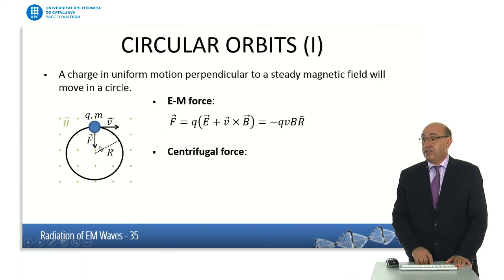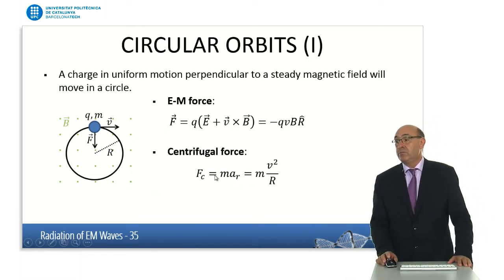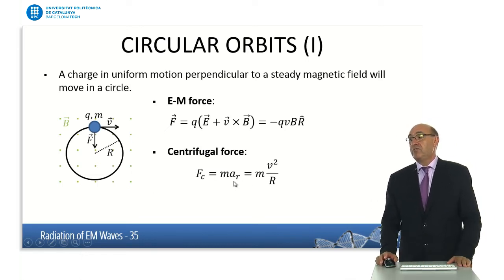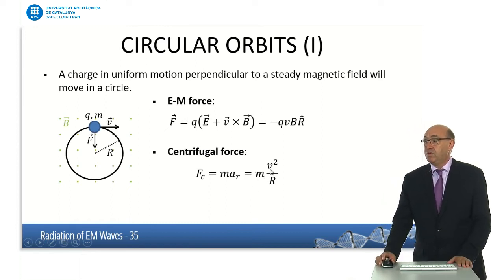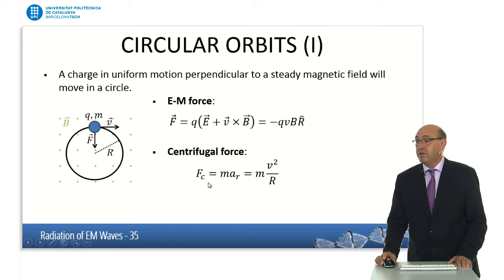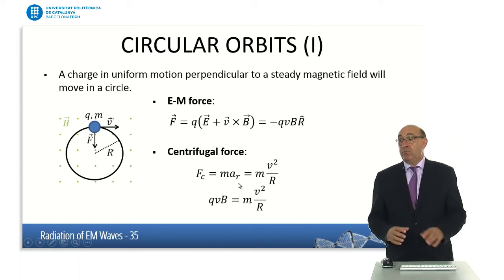But also there is the centrifugal force that will try to pull away the charge, and this is proportional to the mass of the charge and the radial acceleration. And you know from elementary physics that this is proportional to the square of the velocity divided by the radius. In equilibrium, those two forces just compensate one another.